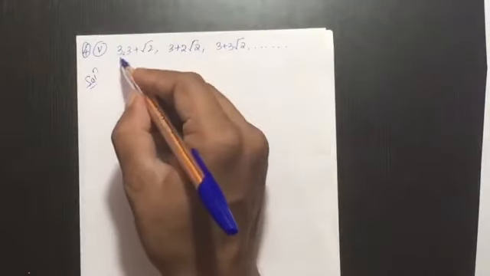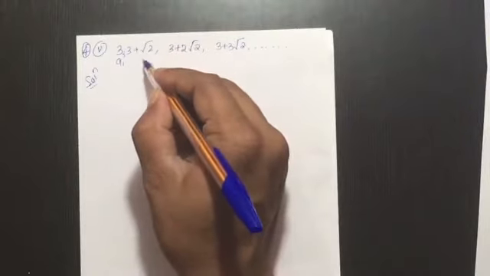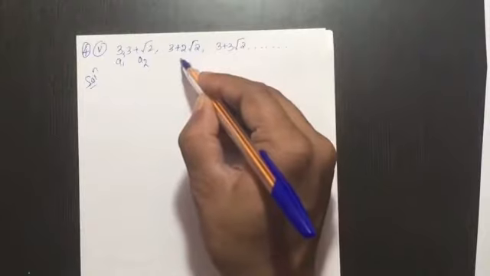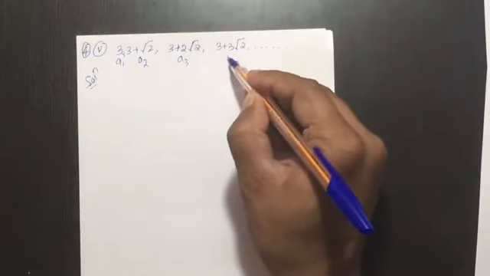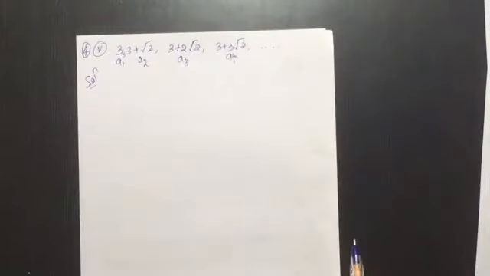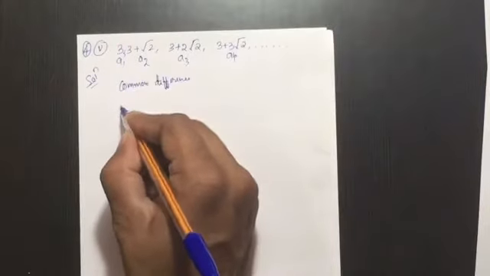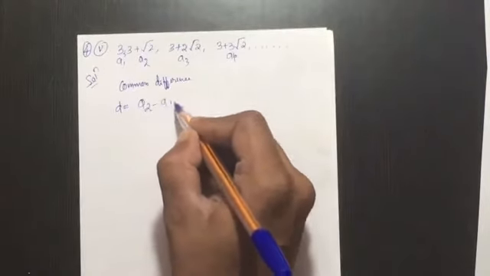So student, A1 is your first term, 3 plus root 2 is the second term, 3 plus 2 root 2 is the third term, 3 plus 3 root 2 is the fourth term. First you check whether it is an AP or not. If it is an AP, then you can find the other three terms. So first I will find the common difference. D is equal to A2 minus A1.